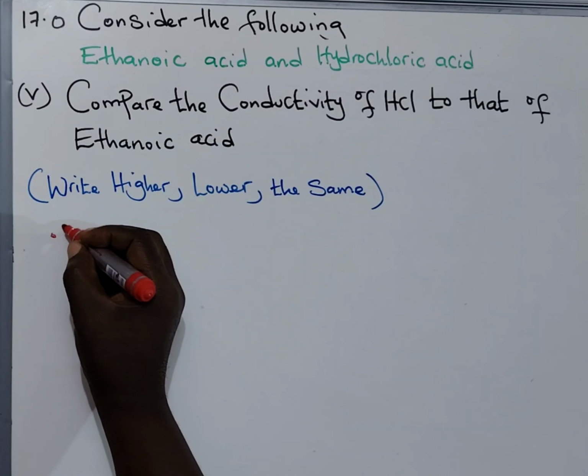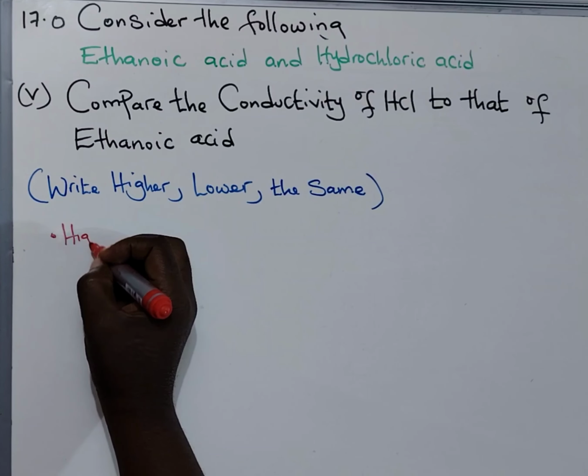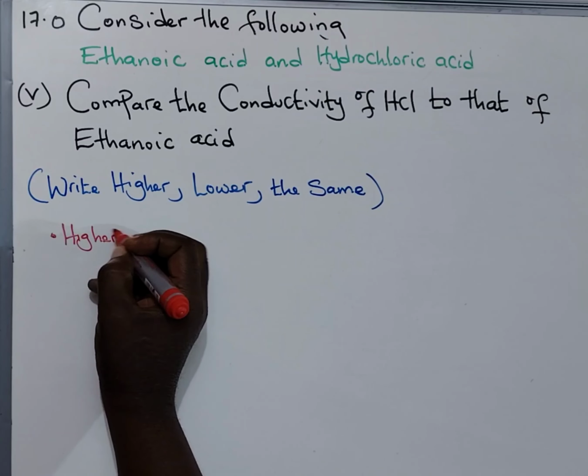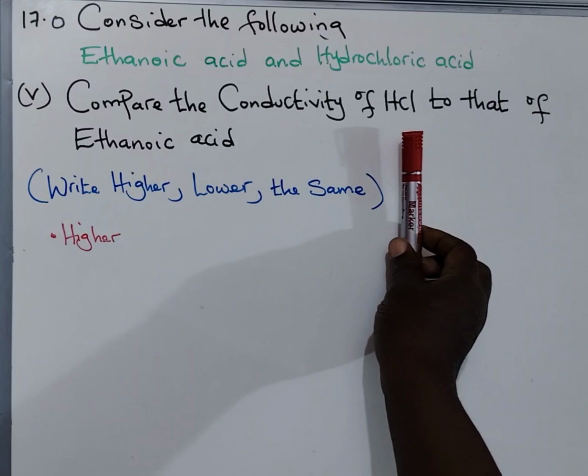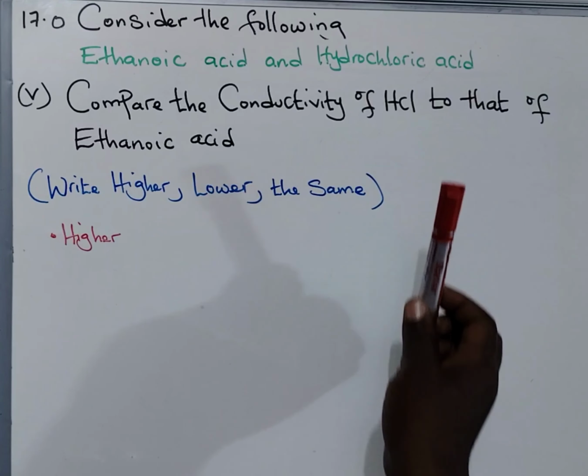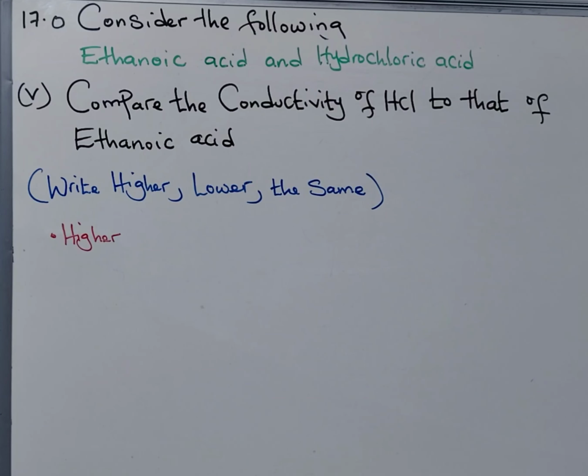The answer is higher. What's the reason for being higher? The reason is that hydrochloric acid is a strong acid which is completely ionized compared to ethanoic acid which is partially ionized.